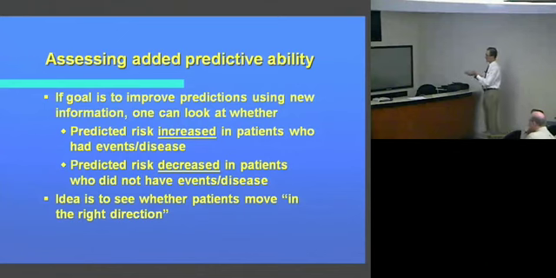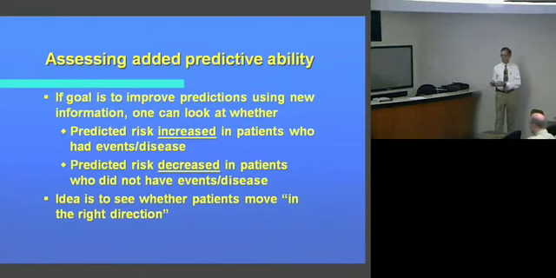The idea is that if you have a risk marker and you have a predicted risk in a guy who ultimately develops an event or disease, and it moved that individual's estimated risk up, that's good. And if it moved the estimated risk down, that's bad. Very simple-minded. And the reverse idea is on the other side. If somebody didn't develop things, you want that risk marker to move them down and not up.